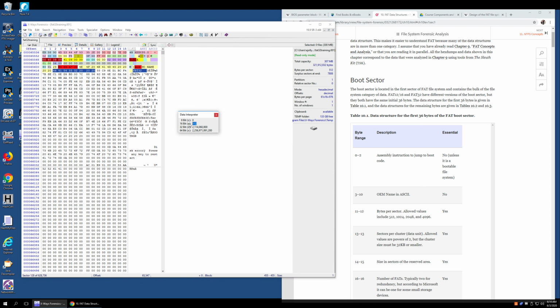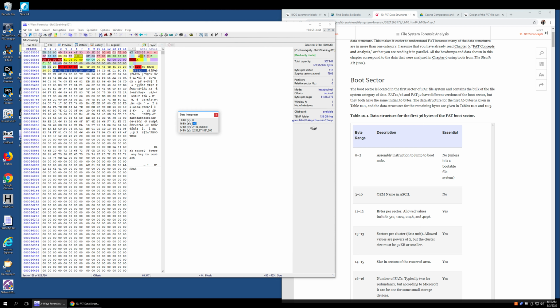So that means that there are 512 bytes per individual sector. And as we learned in data structures last week, sectors are the smallest building block within a storage medium like a hard drive or a USB drive that's recognizable by the storage drive. You can definitely have a file that's 400 bytes, and that will be stored within a single 512 byte sector.